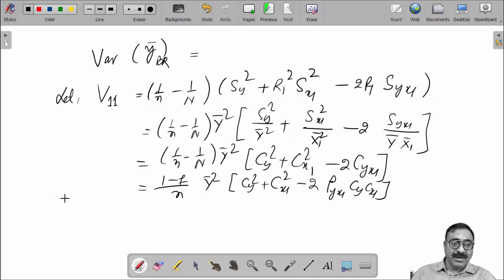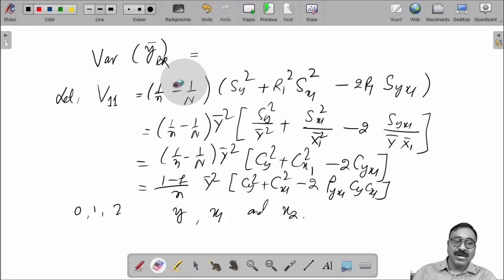Now taking C0 square equal to C, now let us replace 0, 1, 2 for y, x1 and x2.